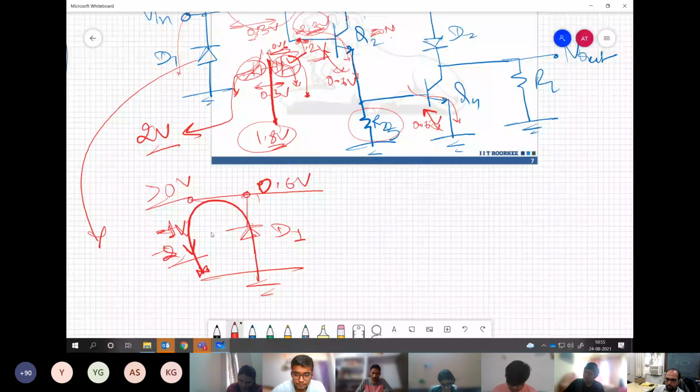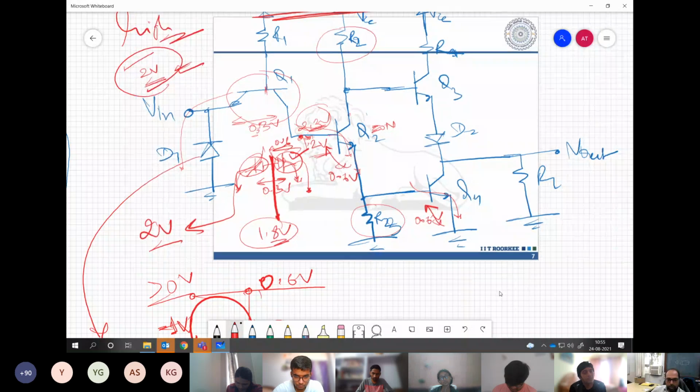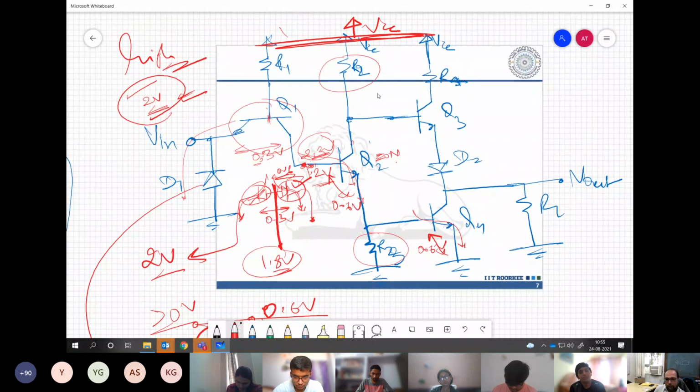So see this circuit, whatever we have drawn. Slowly, one by one, we have figured out how it is evolving, isn't it? We started with this simple RTL logic, we understood the problem. Then we went for the totem pole structure and understood that if this totem pole structure works, our problem is solved.